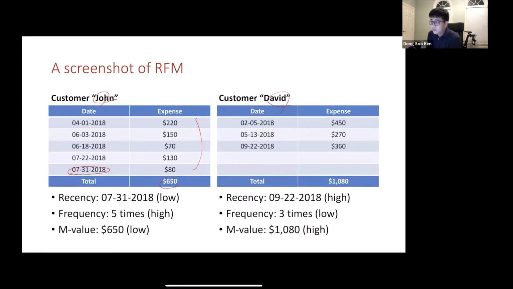But David made only 3 transactions, but his last purchase date is more recent, September 22nd, 2018. Also, his net spending is $1,080, which is more than John's spending. So, John's recency score is low, frequency score is high, and monetary value score is low relative to David's scores.